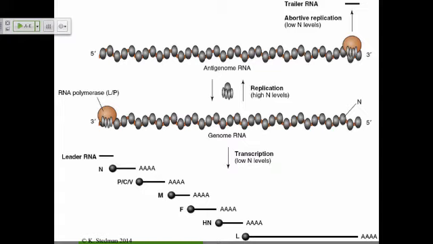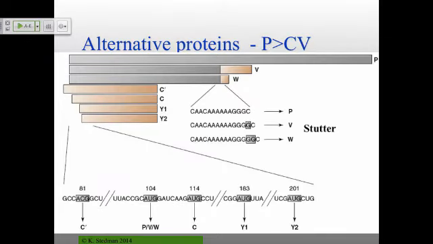The only other thing we wanted to talk about here, particularly for these Paramyxoviruses, is the stuttering that happens inside protein coding genes, also known as RNA editing.